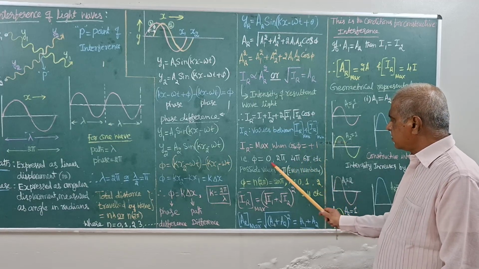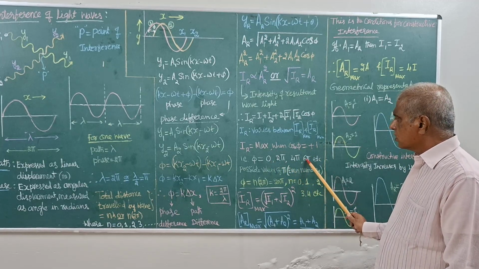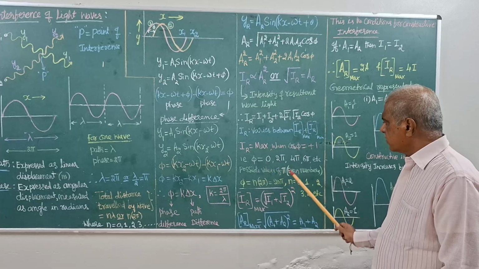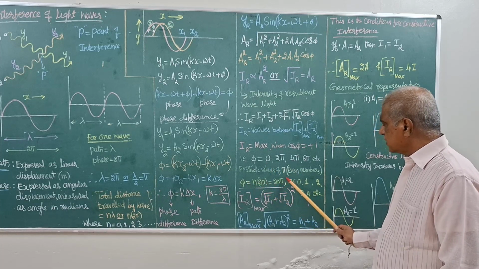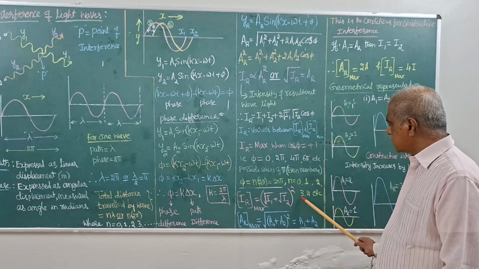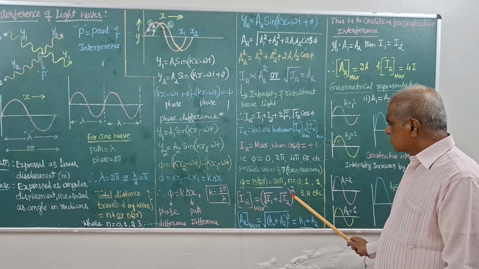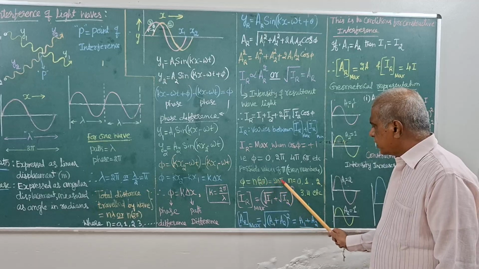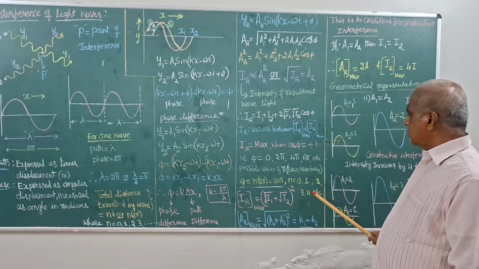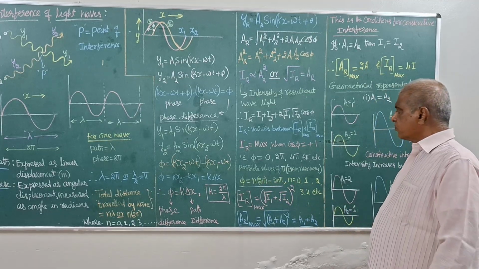They are possible values of phi. So in general form, phi equals n into 2 pi, where n is 0, 1, 2, 3, a natural number like this. So the general representation of phase difference is 2n pi, where n is a series of values like this.